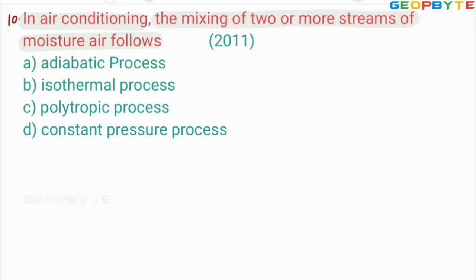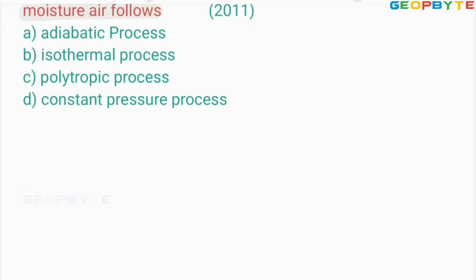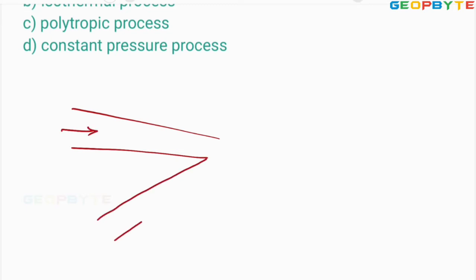The recirculated air and fresh air are mixed in the plant location. It may be like this. Let this be the recirculated air passage and this is another passage for fresh air. Both are mixed somewhere at this location.